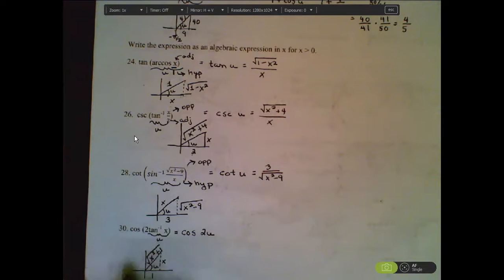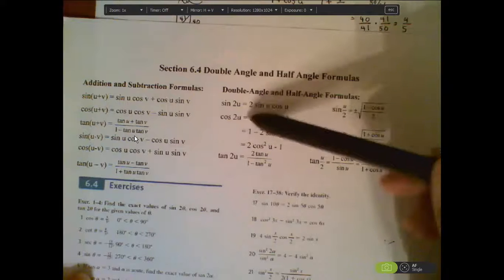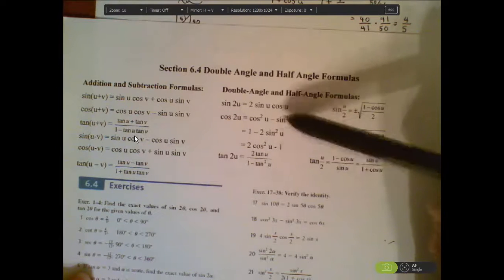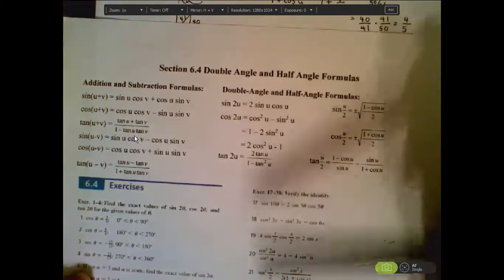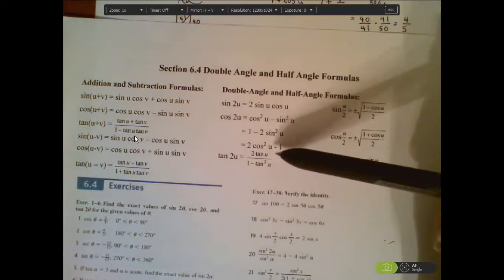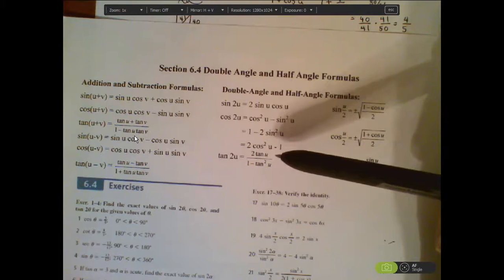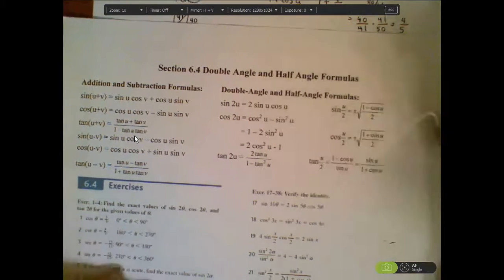And then again, we're not looking for cosine of u, we're looking for cosine of 2u. And that's one of the double angle formulas. There are 3 different formulas that we can use for the double angle formula for cosine. And regardless of which one you use, the answer should all simplify to the same thing. So I'm just going to pick, eeny, meeny, miny, mo, this middle one looks good.